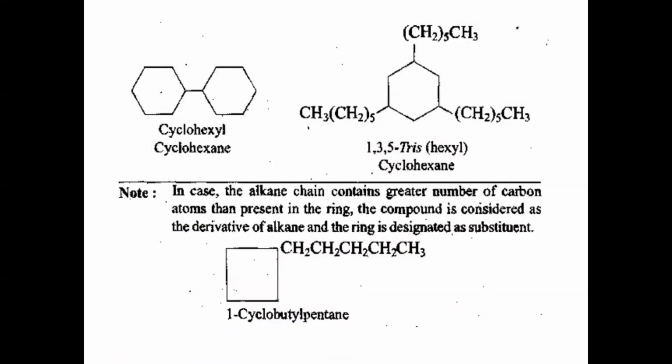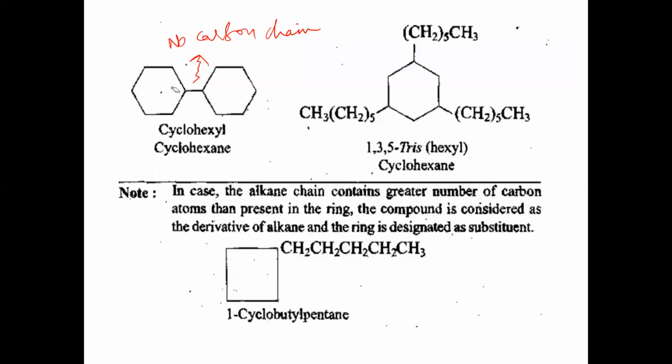Now next case is here. In this case, how many cyclohexyl rings are there? 2 cyclohexyl rings. Between the 2 cyclohexyl rings, is any carbon there? No carbon chain. So no carbon chain between 2 cyclohexyl rings here.